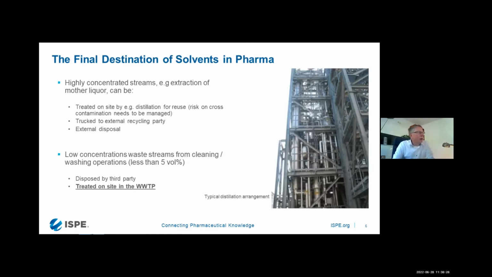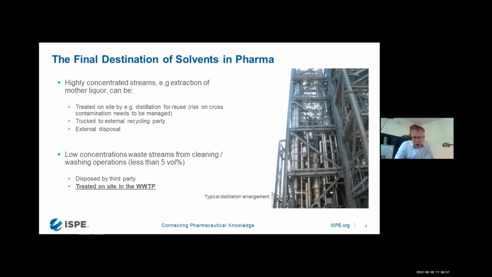If we look at the final destination of the solvents in the pharmaceutical industry, we can distinguish two types of streams containing these solvents. We have the highly concentrated streams, coming for instance from the extraction of a mother liquid. The typical solution is that they are treated on site by distillation.